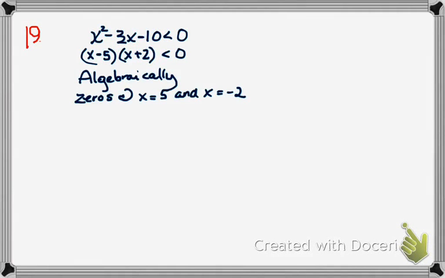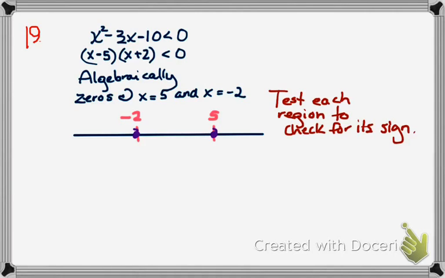They want us to do this algebraically, so we're going to use the number line, and our zeros are going to be at -2 and 5. So we're going to test each region to figure out the sign. If I test it at -3, my outcome is a positive. If I test it at 0, then my outcome is a negative.